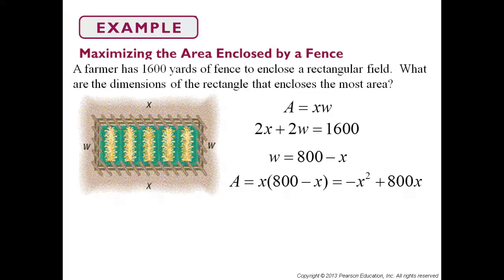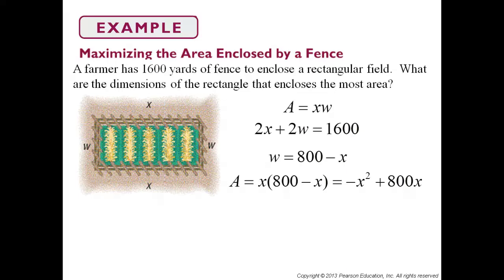Maximum. Okay, so what are we looking for out of this equation? The maximum. The vertex, right? So negative b over 2a gets you the x value, or the length in our case. And then we could find the width by taking 800 minus whatever x is.